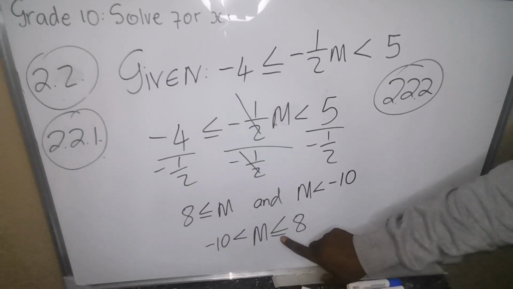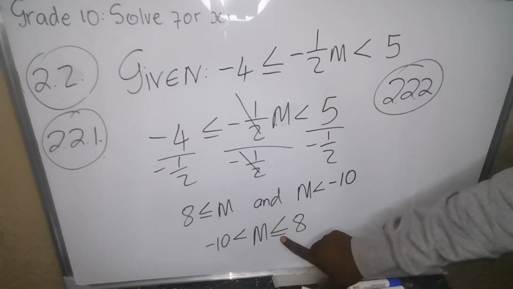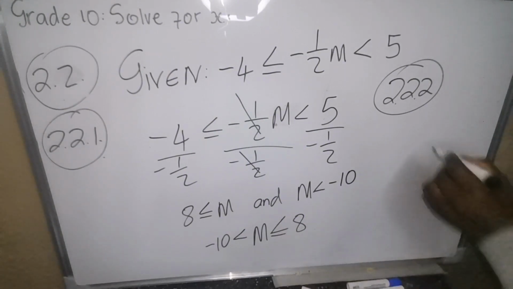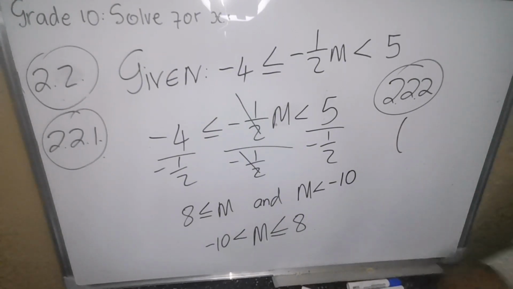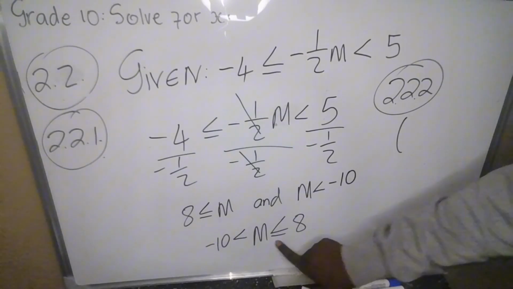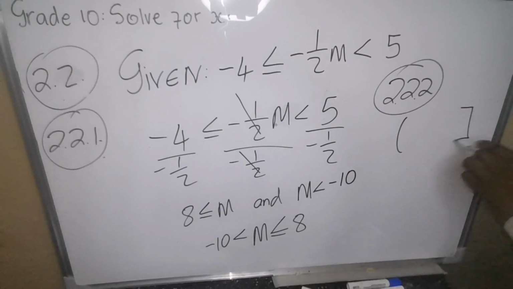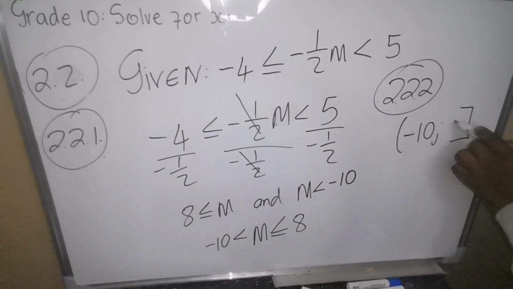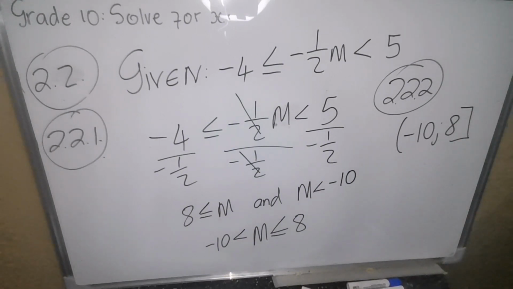If you've got no equal sign below the inequality sign, you just put a round bracket. But if you've got an equal sign, like this one here, you must have a square bracket. So it's going to be (-10, 8]. This is how you write it in terms of intervals.